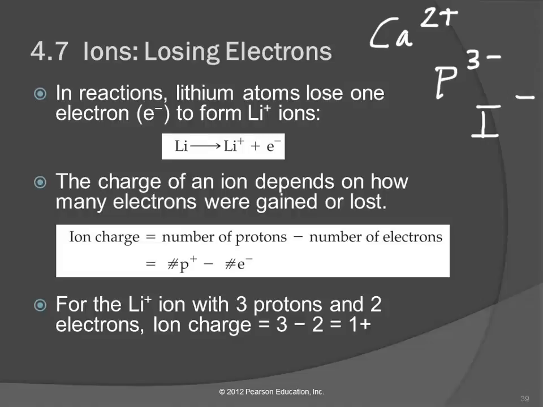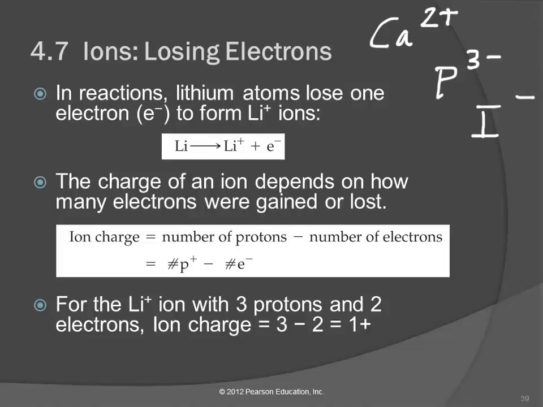So in looking at this, the charge on the ion is going to depend on how many electrons were lost or gained. So the lithium atom has how many protons? Look on the periodic table. Lithium is element number 3, so it has 3 protons.